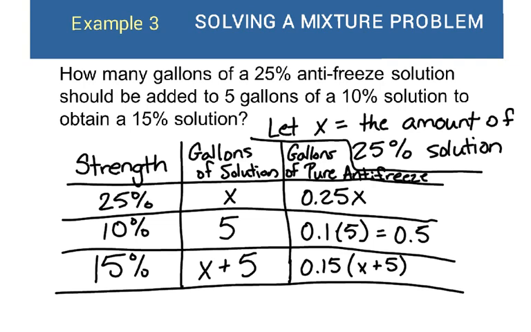Alright, so to write our equation, what we're going to do is use this last column of information to come up with our equation. And how we're going to do that is, well, we're mixing two solutions together to obtain the other solution. So we're going to add these two rows together, and it should equal our last one.